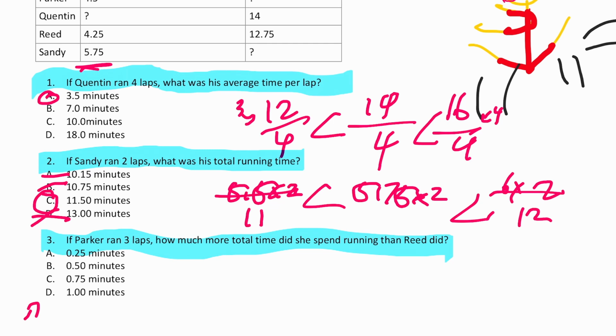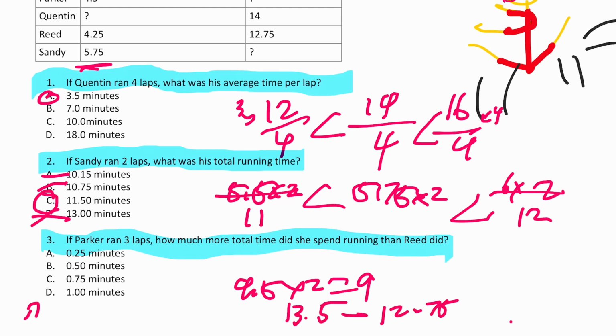So Parker has a 4.5, and we know that 4.5 times 2 would equal 9. So 9 plus 4.5 would be 13.5. So now we got 13.5 subtract 12.75. So we do got to get the standard algorithm out for this one.